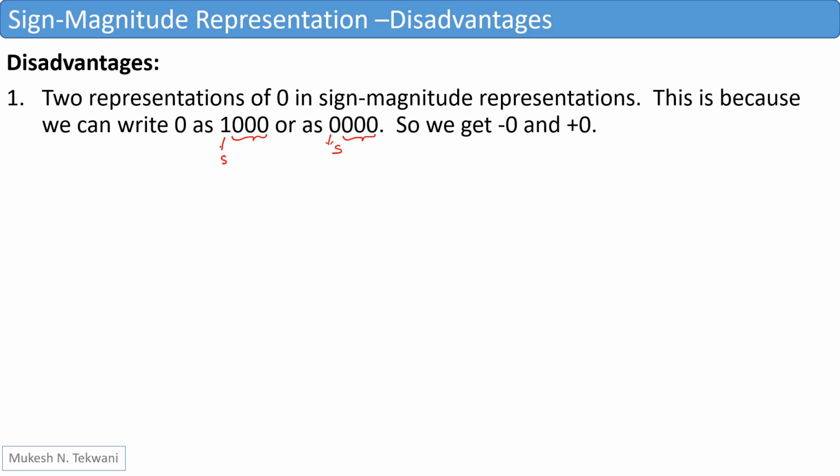So we could write 0 followed by 3 zeros, which gives us the value of +0. Or we could write 1 followed by 3 zeros, which again gives the magnitude 0, but the sign will be negative.